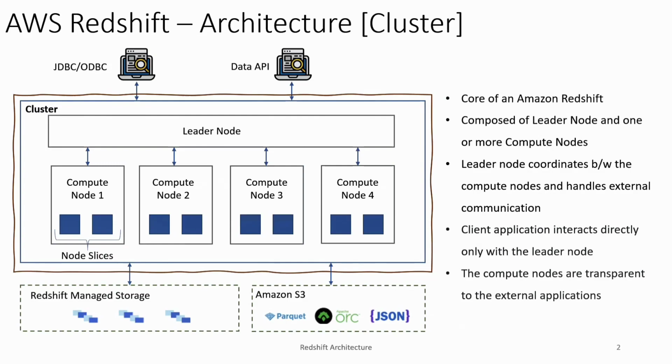The leader node coordinates between computing nodes and handles external communication. The client applications interact directly only with the leader node. Okay, this is the leader node, and the computing nodes are connected to external applications.